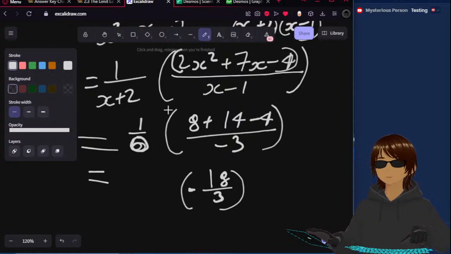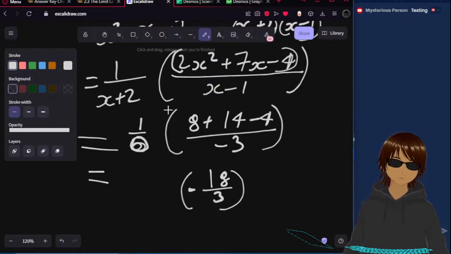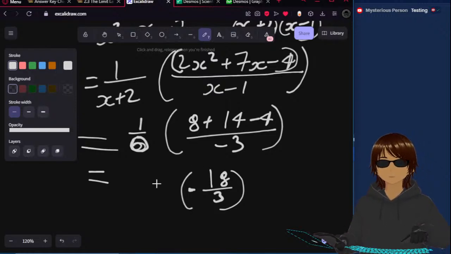If I plug in 1 over, should be positive infinity. This is evaluating to negative infinity.